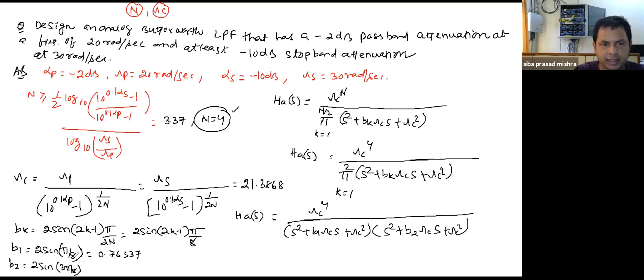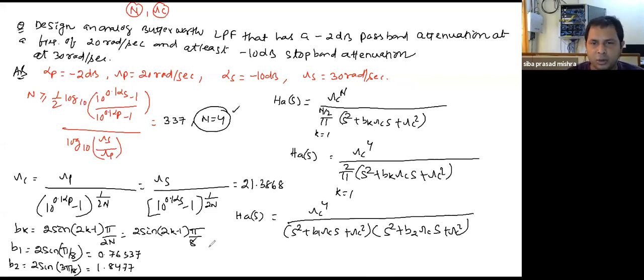Already I said the trick: pi, 3 pi, 5 pi, 7 pi, like this. This value equals 1.8477. Always when you do this calculation, put the calculator in radian mode. For complete DSP, you have to put the calculator in radian mode.